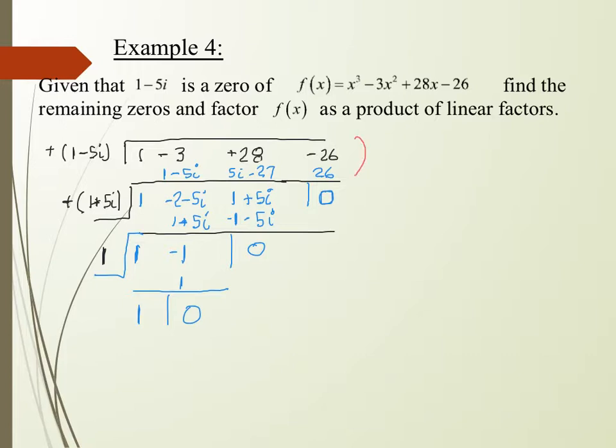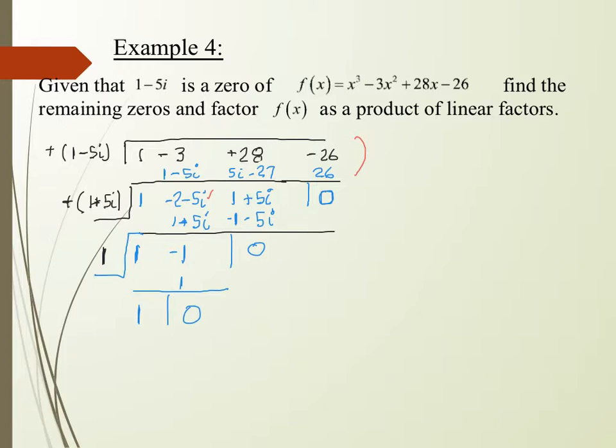So when we multiplied this through, we bring down the 1. The 1 times the 1 minus 5i is 1 minus 5i. So we add the negative 3 to the 1 and we get a negative 2 minus 5i. There it is. And then we multiply that again by 1 minus 5i.